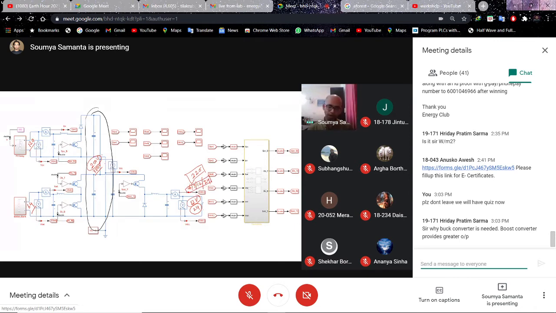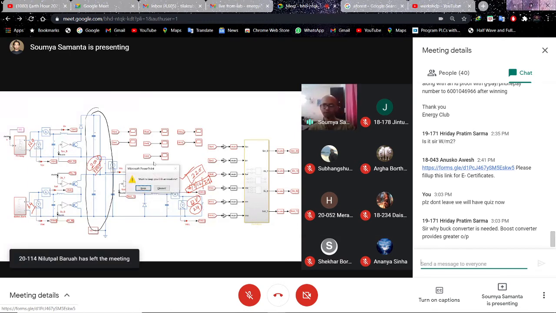For that, we have to buck or reduce the voltage. If this is your requirement, then you need it. If you don't require it and need 220 directly, then you can connect directly and avoid this. That is the answer to the question. Clear?